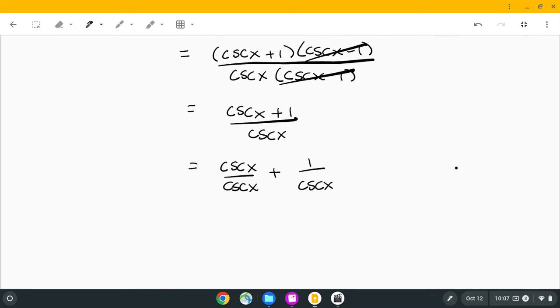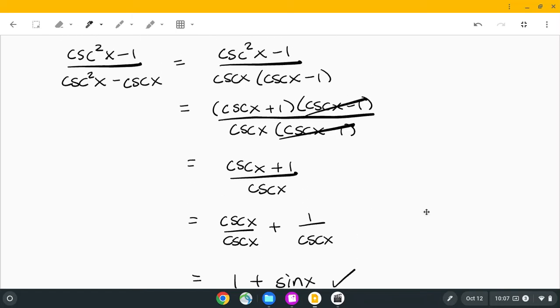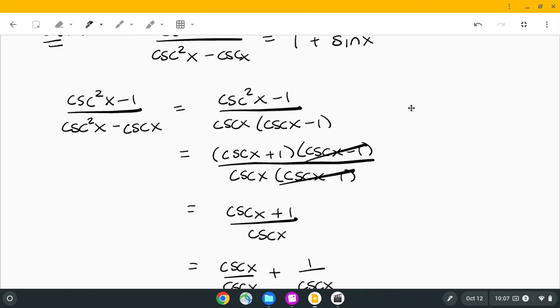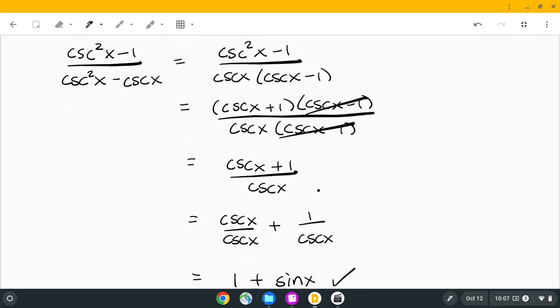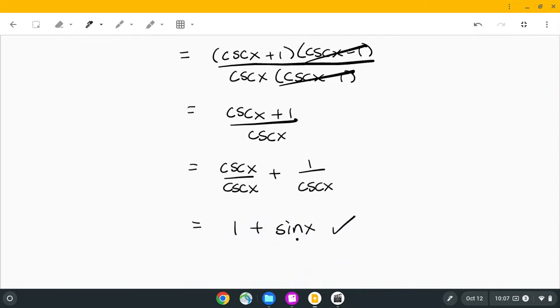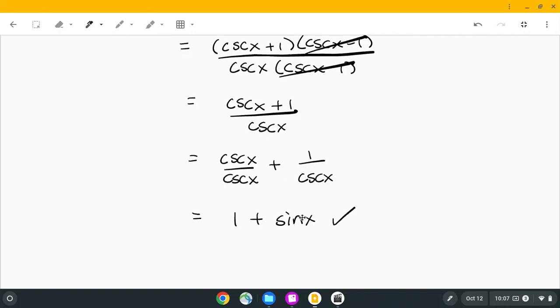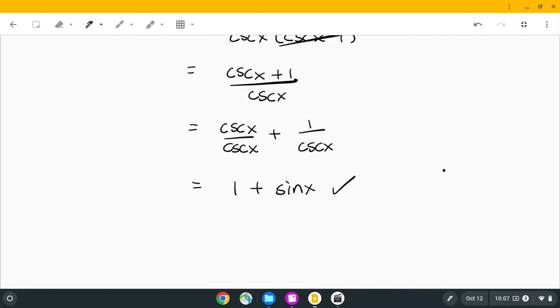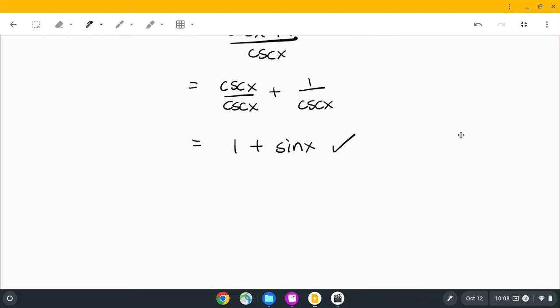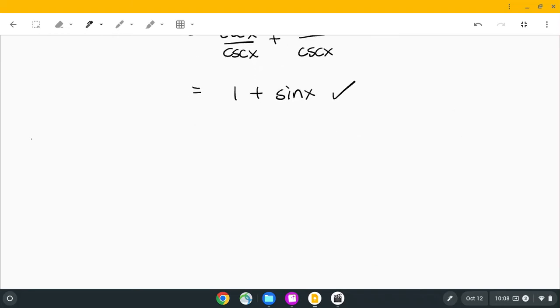And then here, this will give me the 1 that I want, and this will give me the sine x that I want. And so here I can stop because now it looks like the other side. So you just keep simplifying, simplifying, simplifying, splitting things up if you can until you get there.